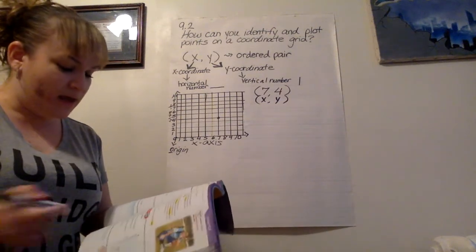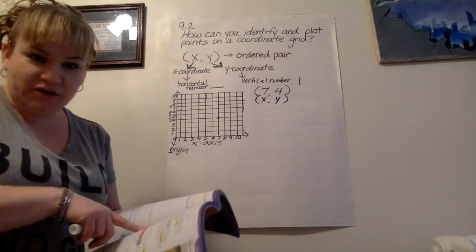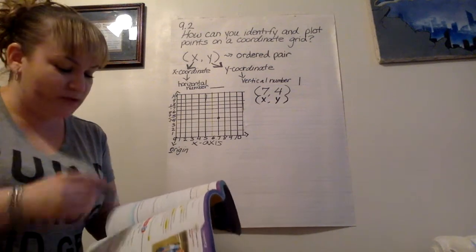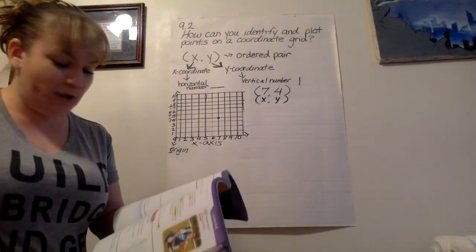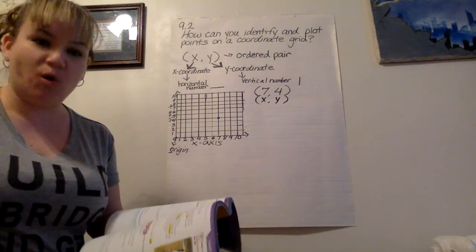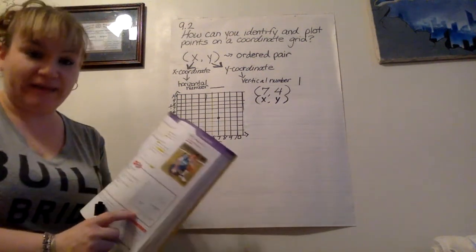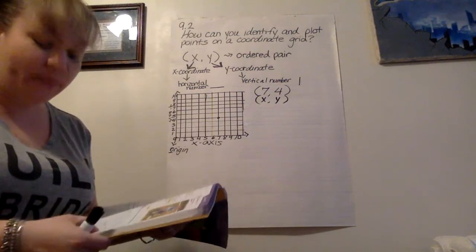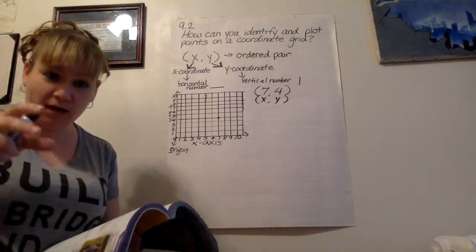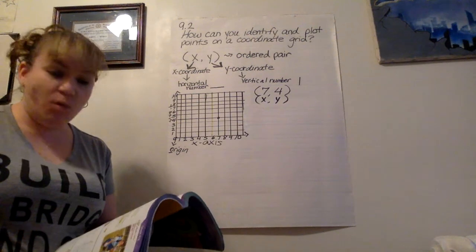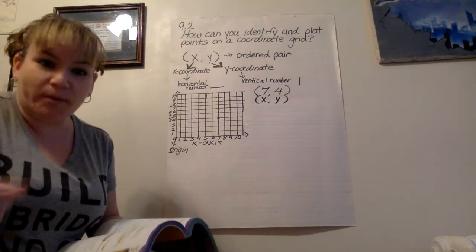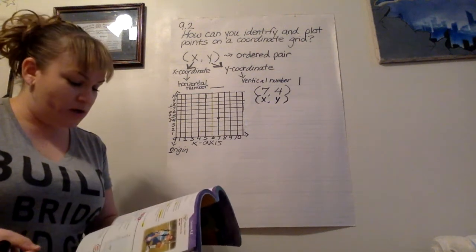It's pretty simple. The word problem says write the ordered pairs for the locations of the arena and the aquarium. Well, if you look at the coordinate grid that they give you, they labeled points, arena and aquarium. But they want you to write down what the ordered pairs are, what those points are.